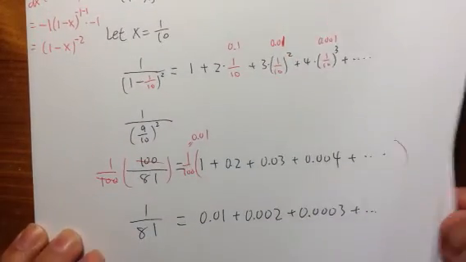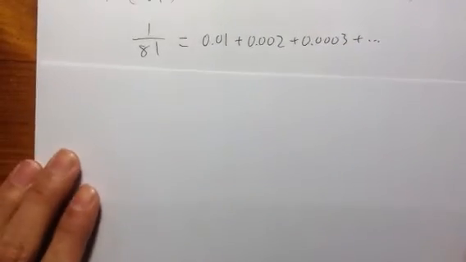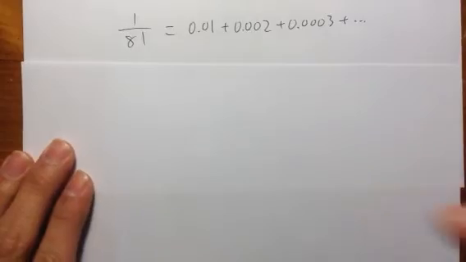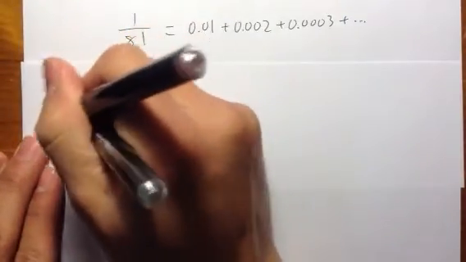And now, let me write this down in a better way. So what we have right now is 1 over 81.